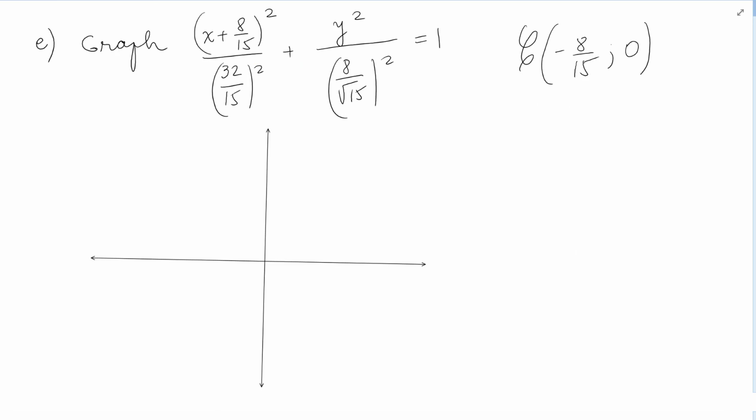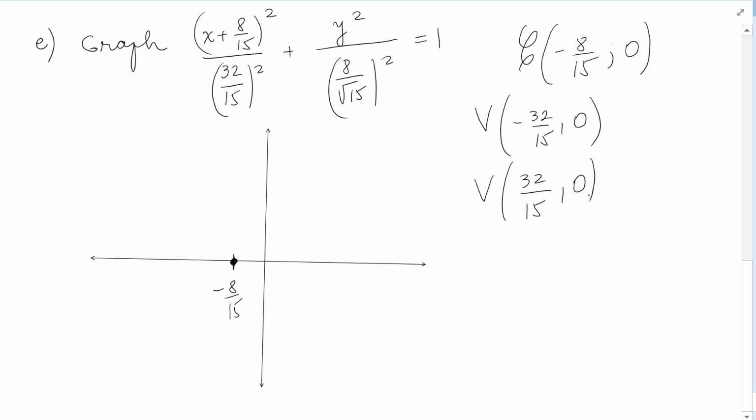So let's graph the ellipse. Well, the center is negative 8 over 15, 0. So this is the center of the ellipse. Then the vertices are at negative 32 over 15, 0 and at 32 over 15, 0, but they are shifted 8 over 15 units.